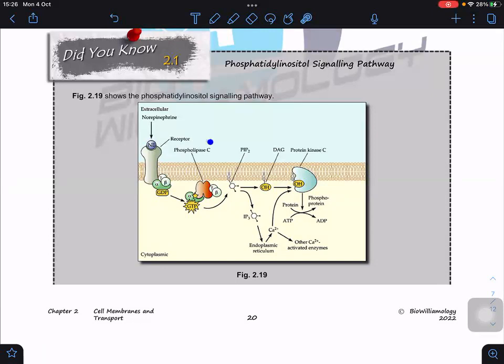We have phospholipase C. This phospholipase C is going to cleave and degrade PIP2, making it into two different compounds. The first compound is called DAG, another compound is IP3. Are you clear?